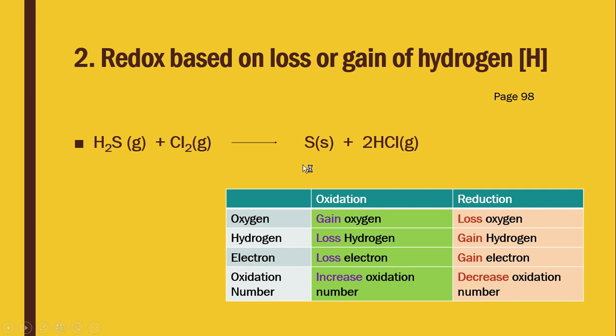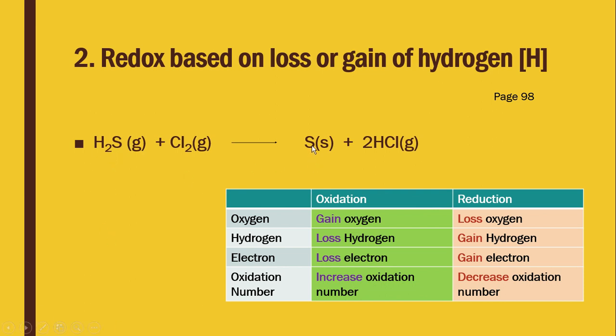So now let's look at the equation. The equation is between hydrogen sulfide reacting with chlorine gas to form sulfur atom and also hydrogen chloride gas. Okay, look here. At first hydrogen sulfide has hydrogen, right?